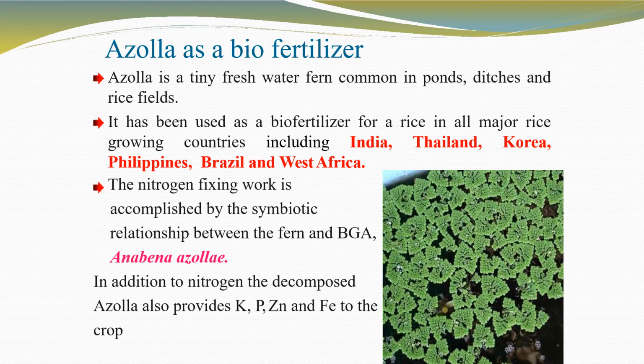The nitrogen fixing work is accomplished by the symbiotic relationship between the fern and BGA, that is blue-green algae, Anabaena azollae. In addition to nitrogen, the decomposed azolla also provides potassium, phosphorus, zinc, and iron to the crop.